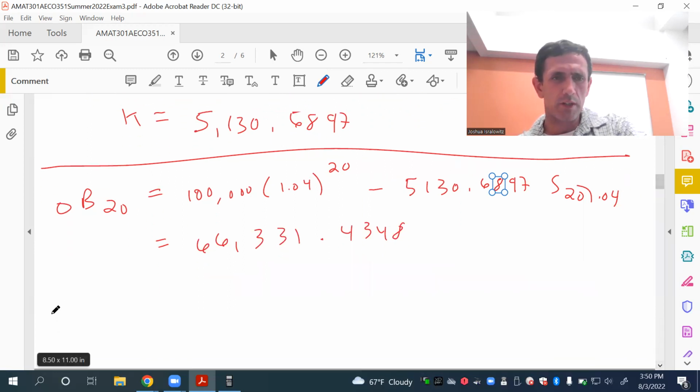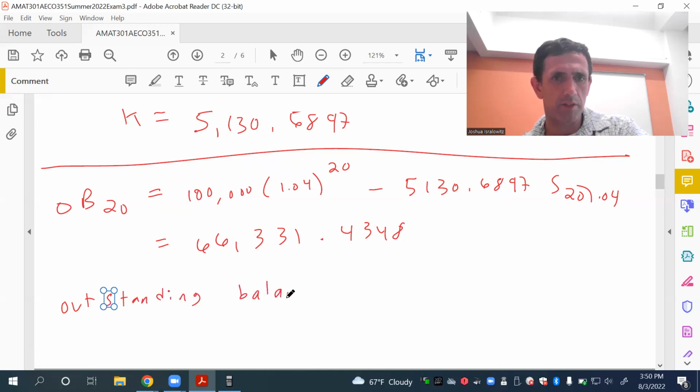So if I want the outstanding balance after 30 years, I'll write it in full. The outstanding balance after 30 years, we're going to look 10 years into our new loan.